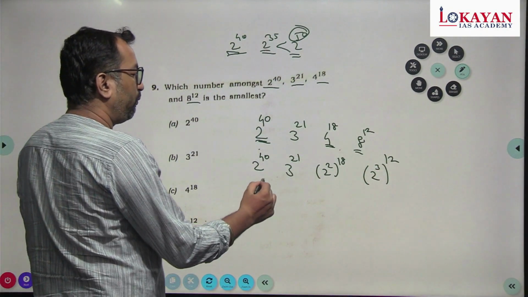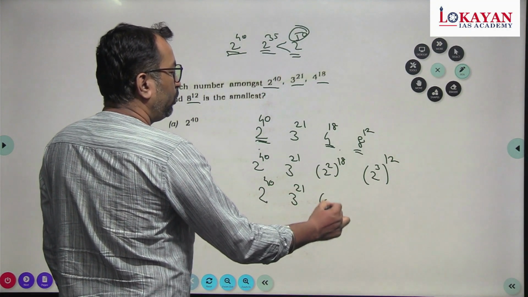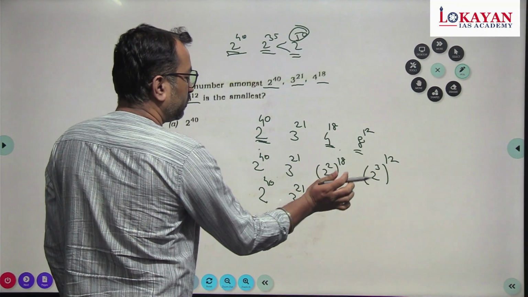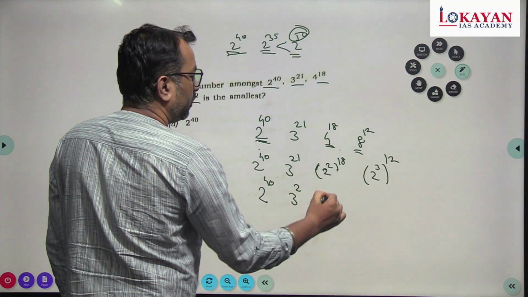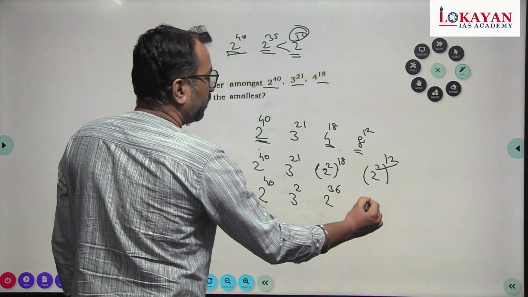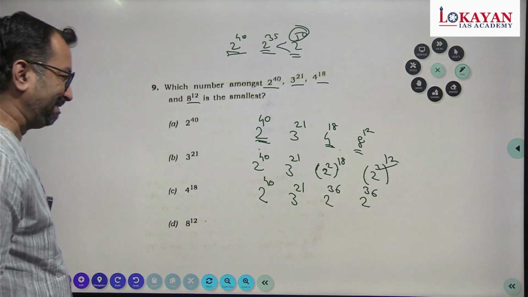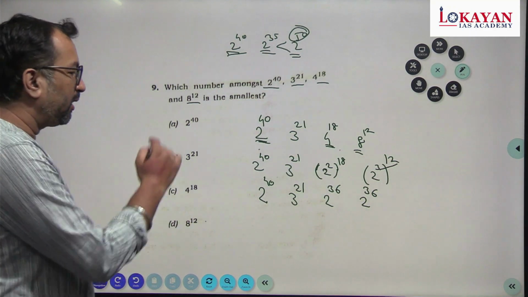So 2 to the power 40, 3 to the power 21, 2 to the power 36 and again 2 to the power 36, right? Here lies your answer.